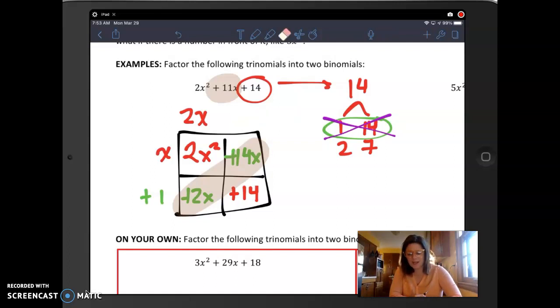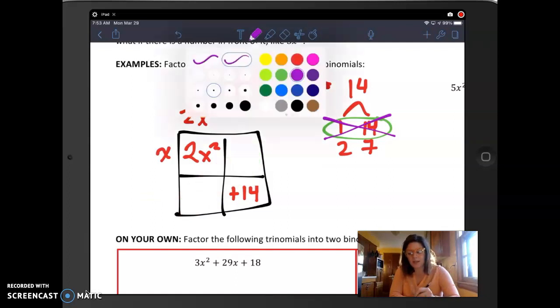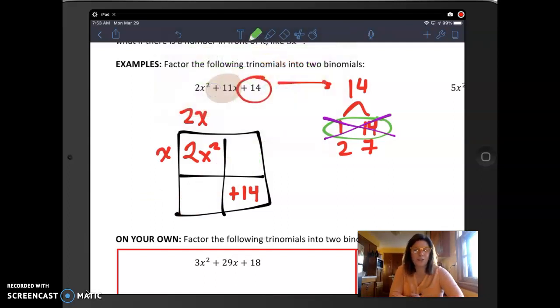So you can see how this is much more complicated than when you just have a plain old x, because we have to try a whole bunch of different more options. But the more and more you try, the more you'll start to see how there's a pattern, and you can kind of think through it a little bit and not just have to try every single one.